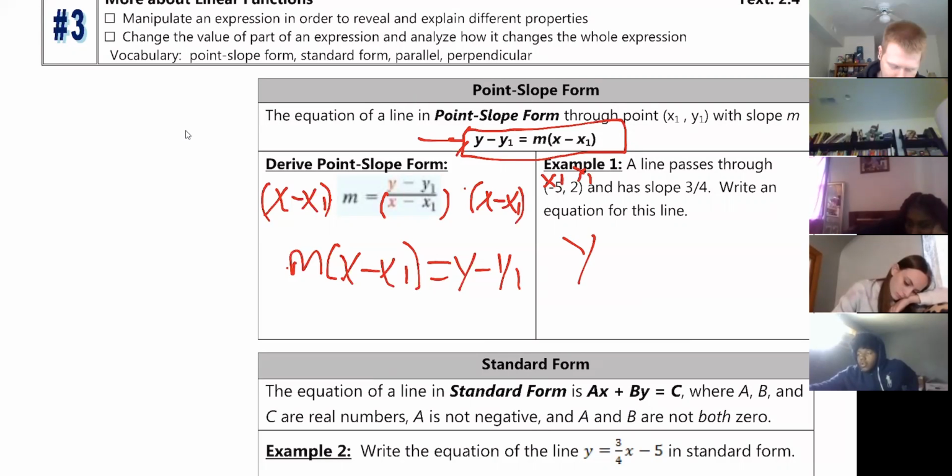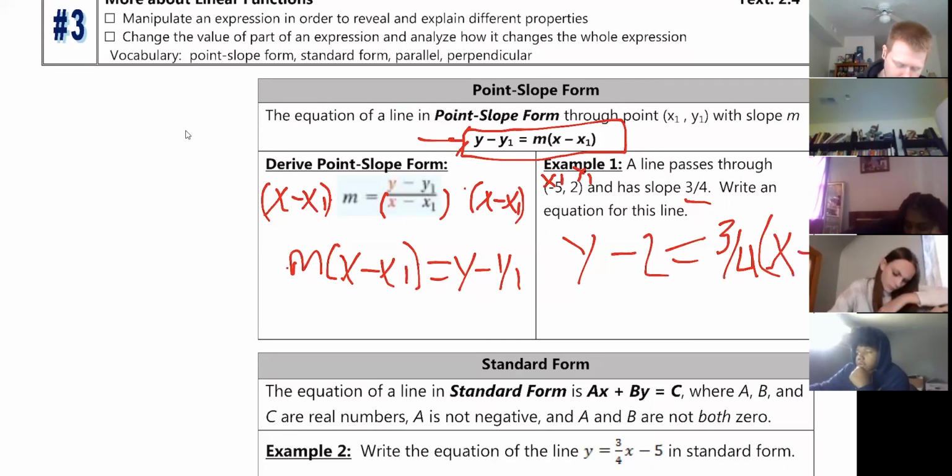So we plug in our y1, so it'd be y minus 2 equals our slope, which they gave us, 3/4 times x minus x1. You always keep the x, and then you plug in your x1. Since it's -5, minus -5 would turn into a +5.